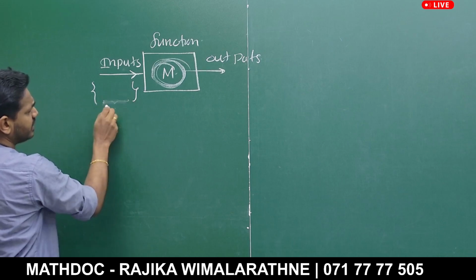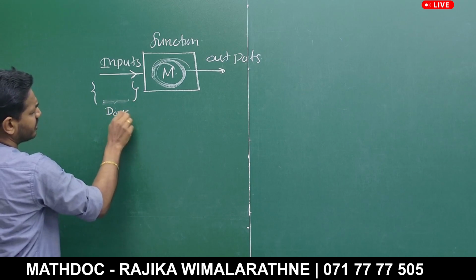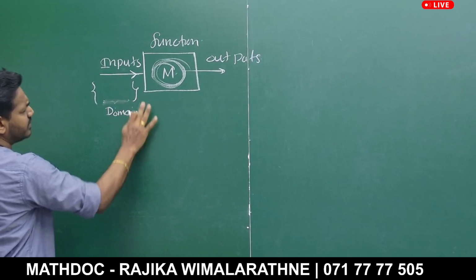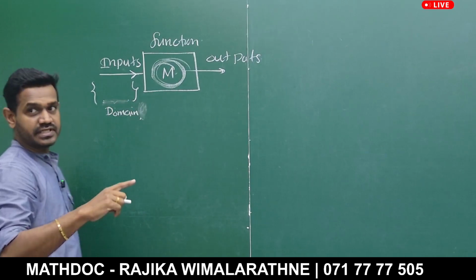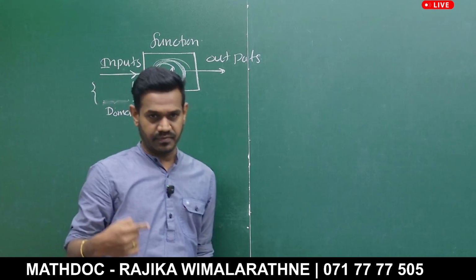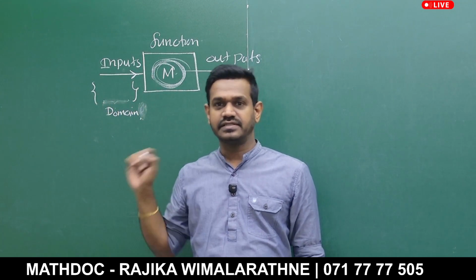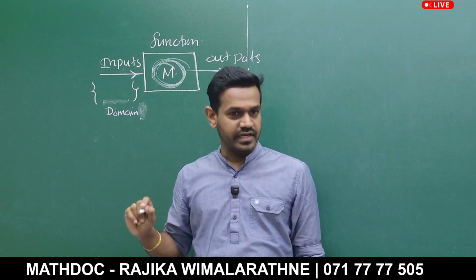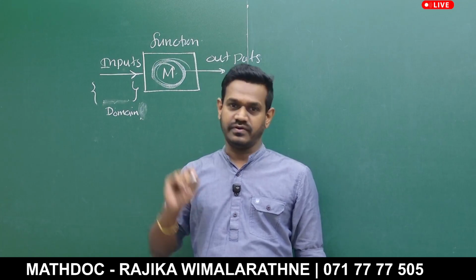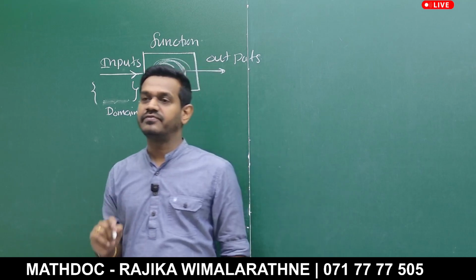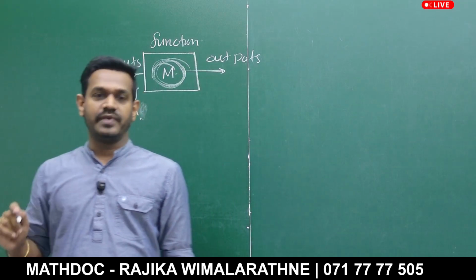Especially we define this by domain. Each function has its corresponding domain. Later we will discuss what a domain is, how to identify it, what an implied domain is and so on. But anyway, the input set we call the domain.